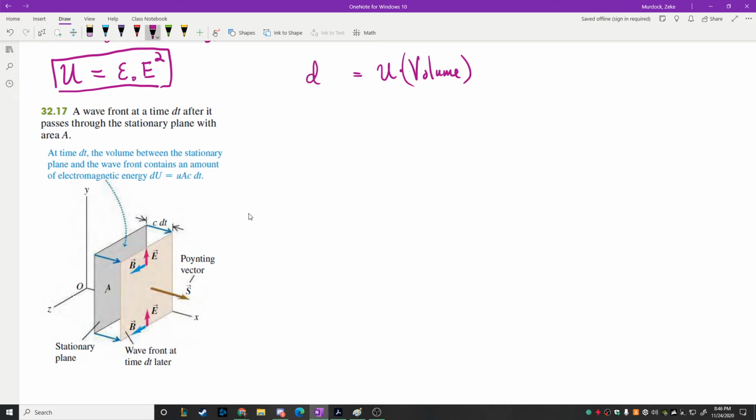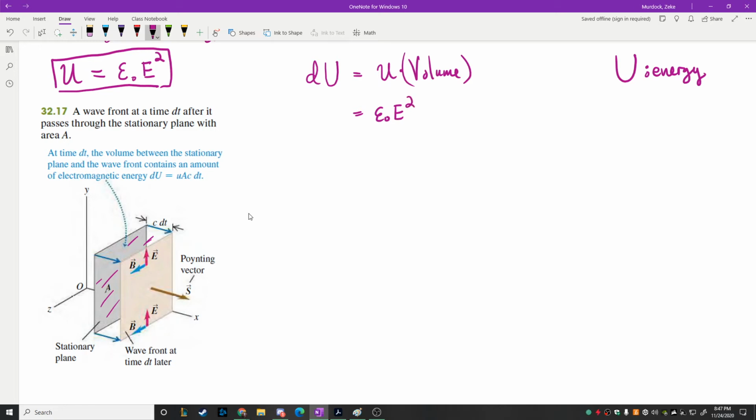And I'm going to use the symbol capital U. Okay, so big U is going to represent just energy itself. Not energy density, just energy. The energy of the wave, so to speak. And we're looking at the energy that's contained within this little region right here. How much energy is in that volume? And we already know that the energy density is little u, given by this expression right here, so epsilon naught times E squared.